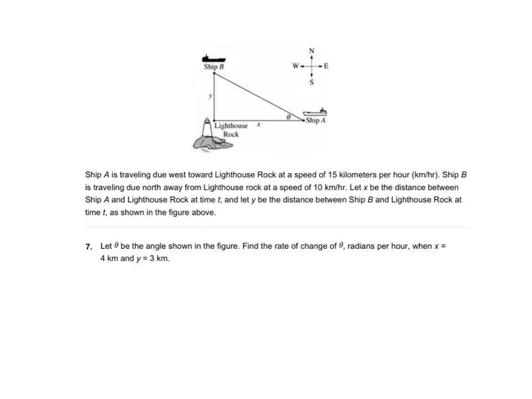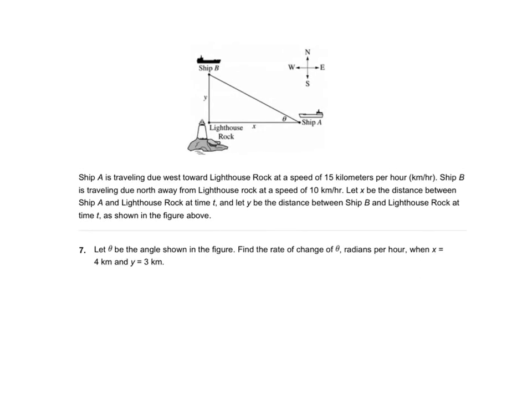Okay, next one gives a picture. They say ship A is traveling due west toward Lighthouse Rock at a speed of 15 kilometers per hour. Traveling west at 15 kilometers per hour. So this is going this way. So you can see this distance, this x distance, is decreasing at the rate of 15 kilometers per hour.